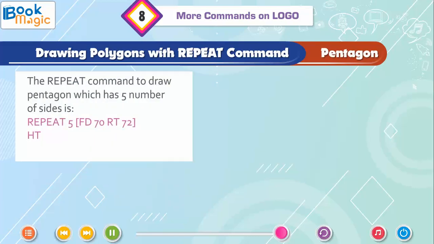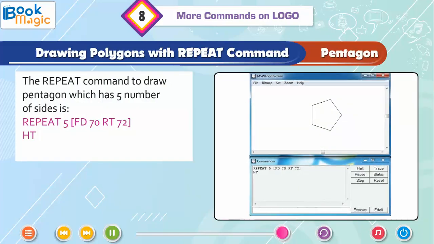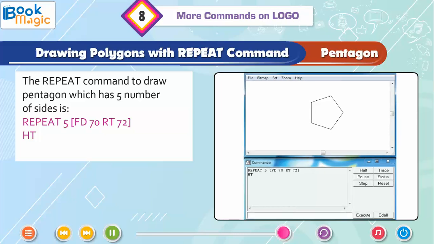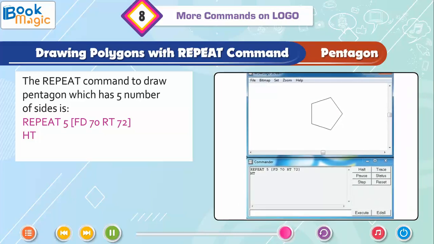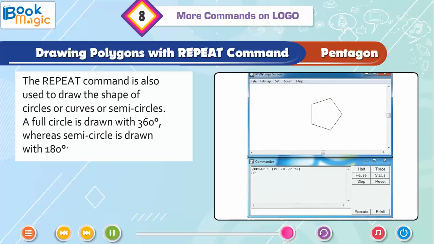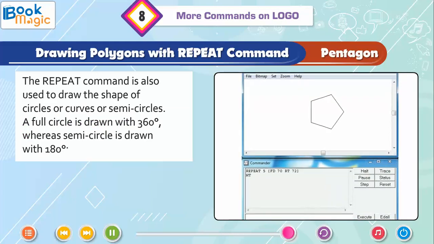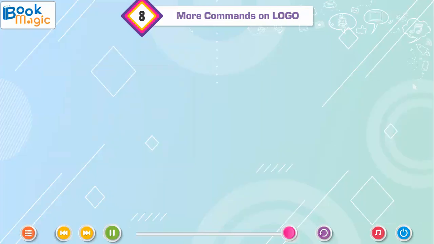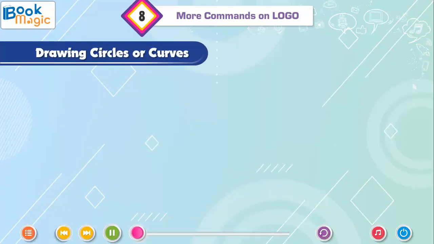Pentagon. The repeat command to draw a pentagon which has 5 sides is repeat 5 FD 70 RT 72 HT. Similarly, you can draw shapes of other regular polygons with repeat command.